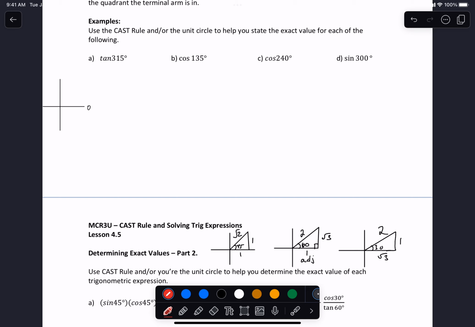So I'm going to draw myself a terminal arm. And I know it's going to be here because 315 degrees is a pretty big angle. The way I could produce it is if I made this a 45-degree angle, because 0 and 360 are the same, they arrive back at the same spot. So if I did 360 minus the 45 that's on this terminal arm, I would arrive at 315.